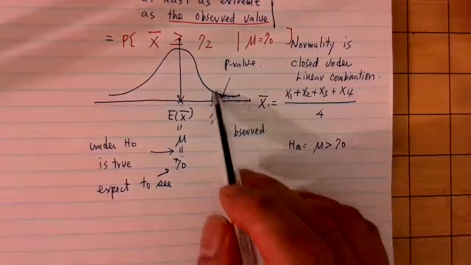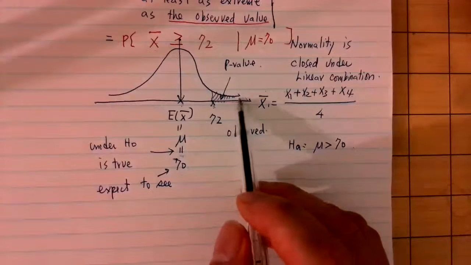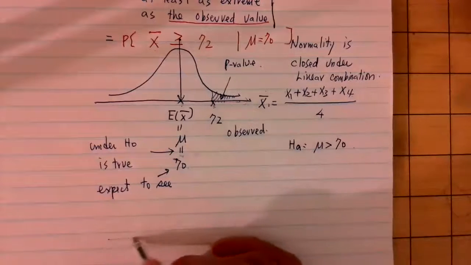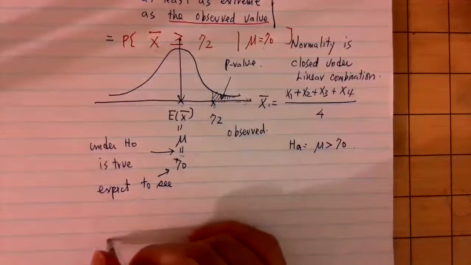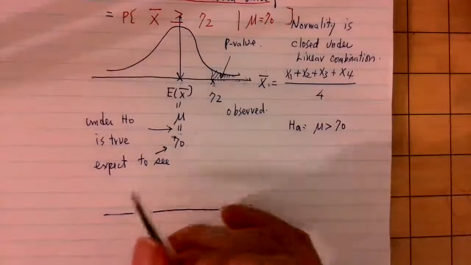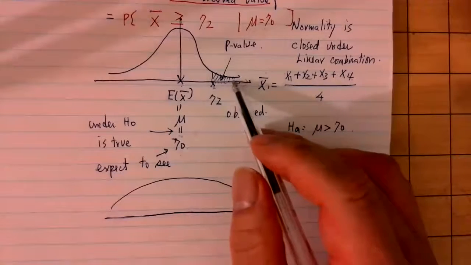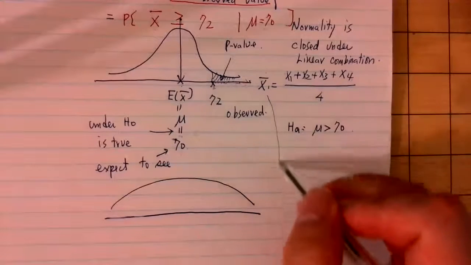Okay, our next job is to find the size of the shaded area, and that shaded area is the p-value. In order to find the size of the shaded area, we need to standardize X bar.